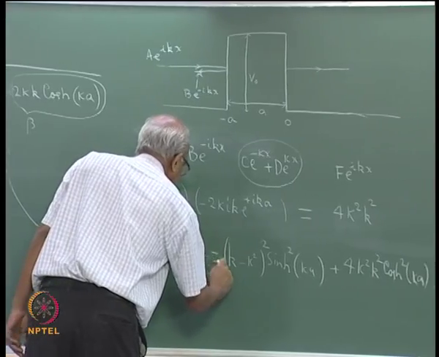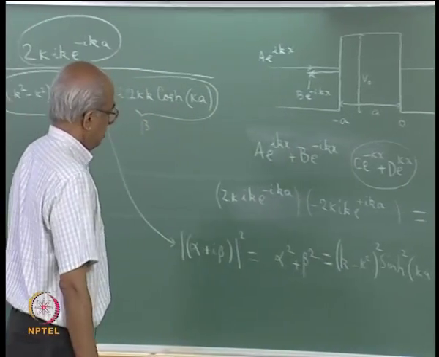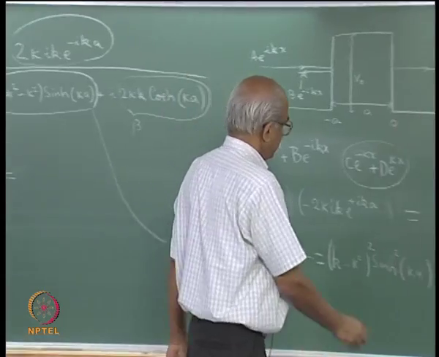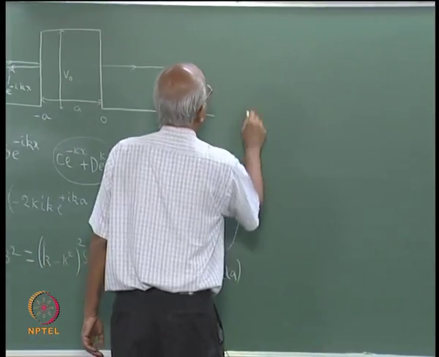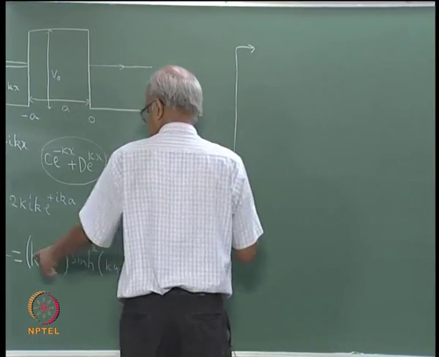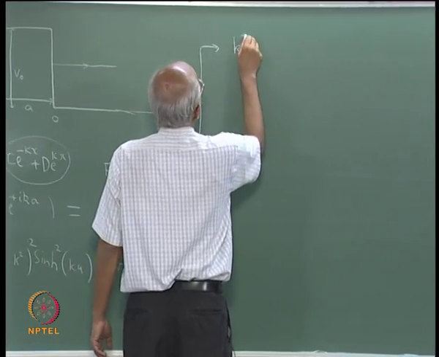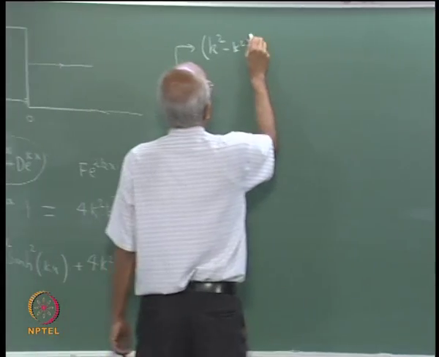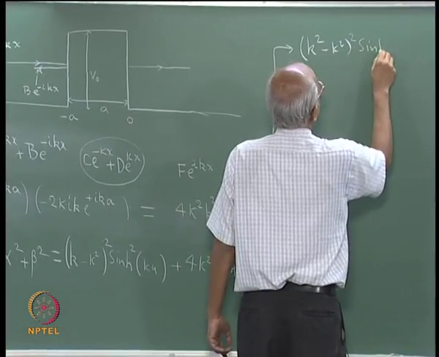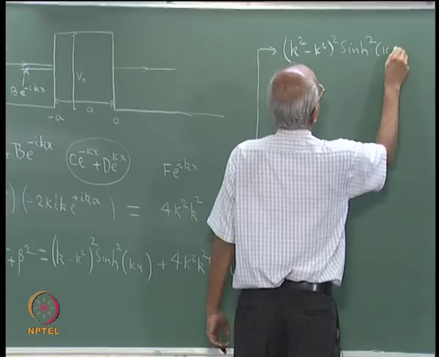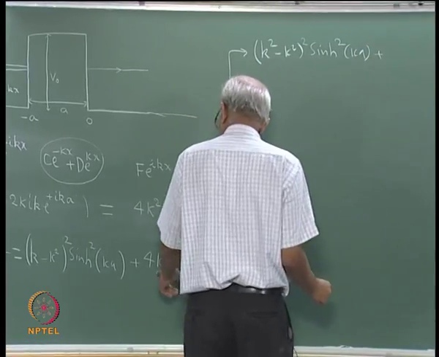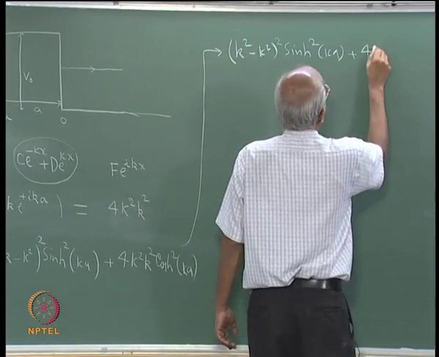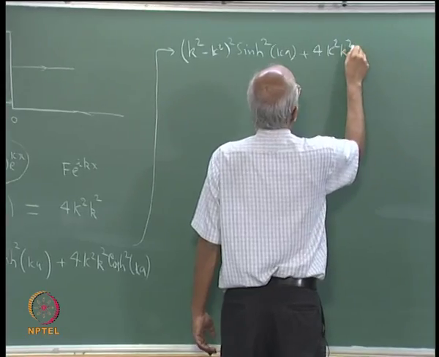And let me continue this up here: k squared minus kappa squared whole squared sinh squared kappa a plus 4 kappa squared k squared.